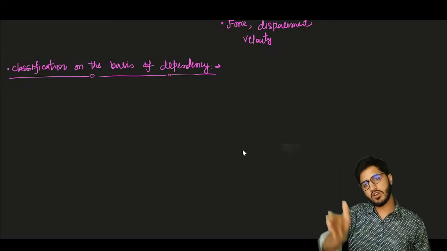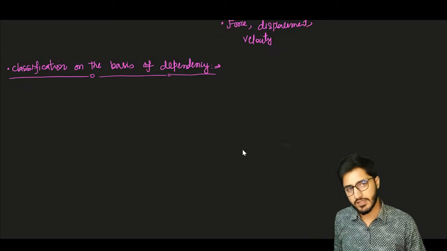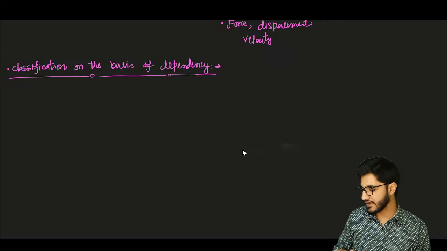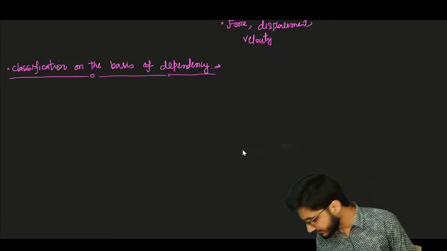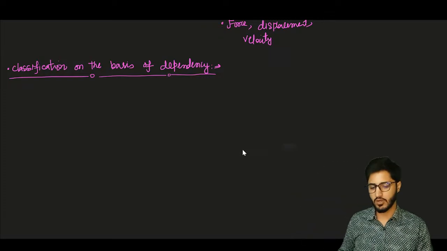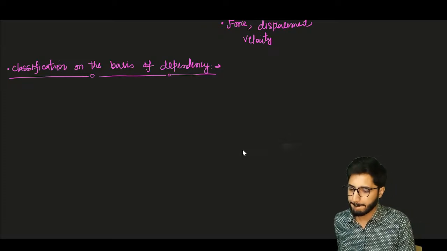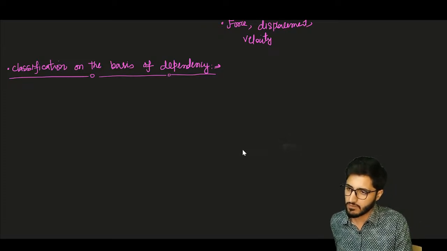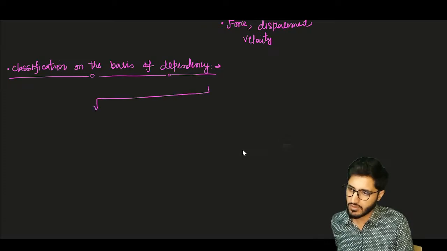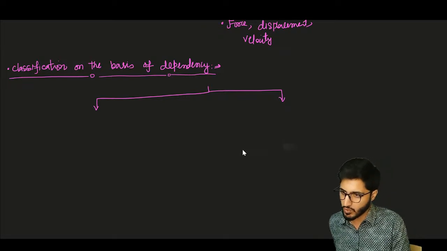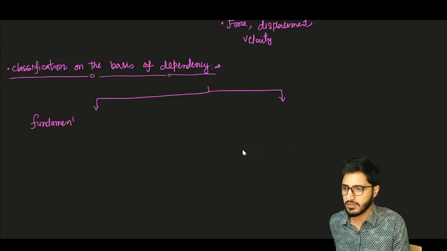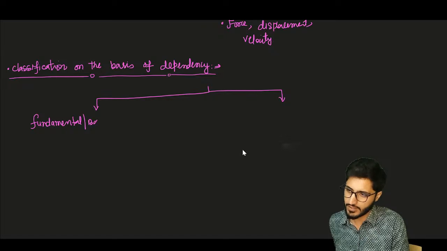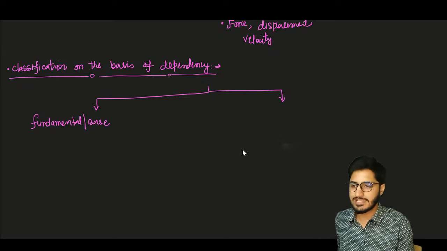So some physical quantities are independent of each other, but some quantities are dependent on one another. Look now. So we are having two types in this kind of classification. One is known as fundamental or base physical quantity. One is known as derived.